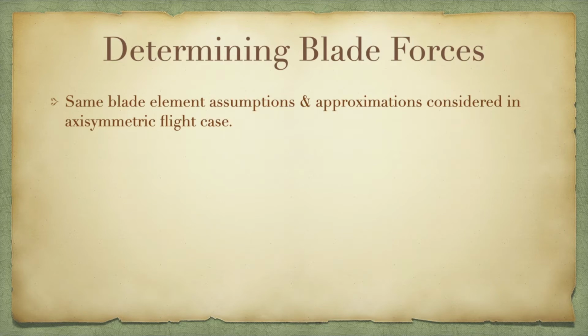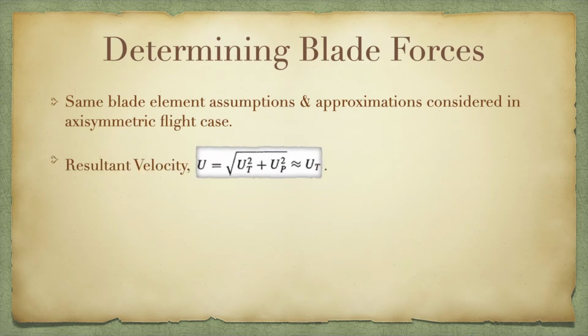As before, the velocity at the blade element with the pitch angle theta is decomposed into an out of plane velocity UP and an in plane velocity component UT. The out of plane velocity component UP is a perpendicular velocity, that is why the name UP, and the in plane velocity component is a tangential component, that is why UT.